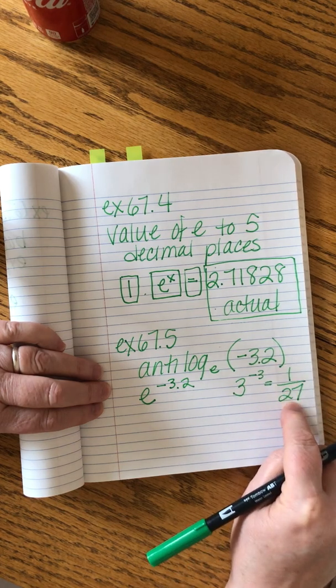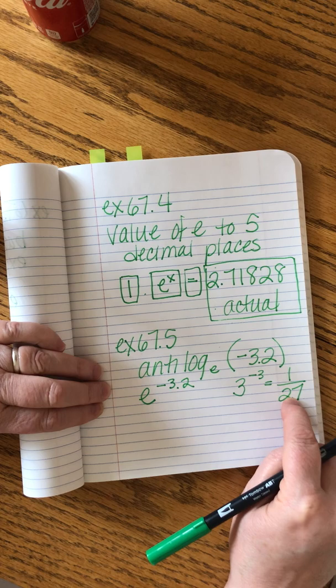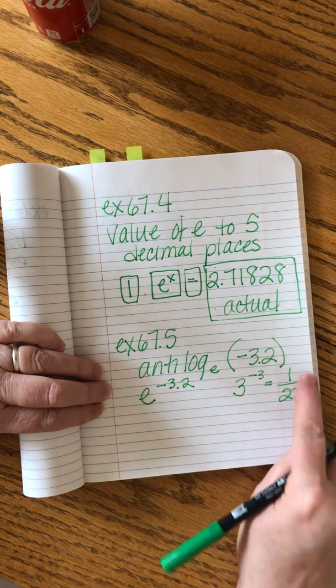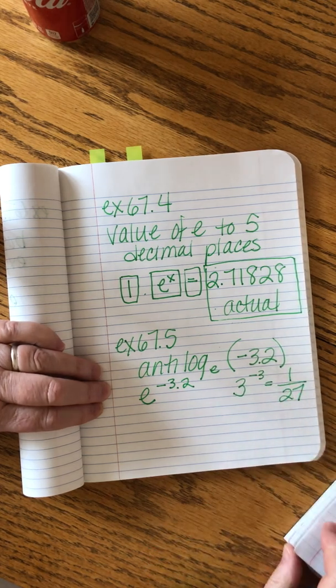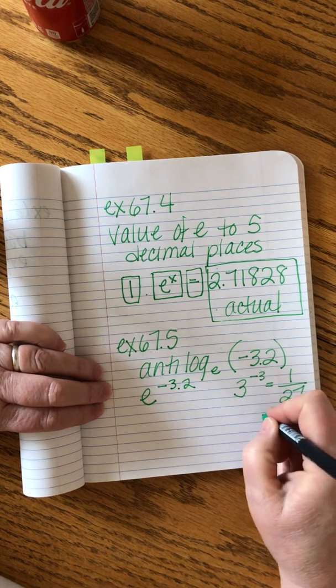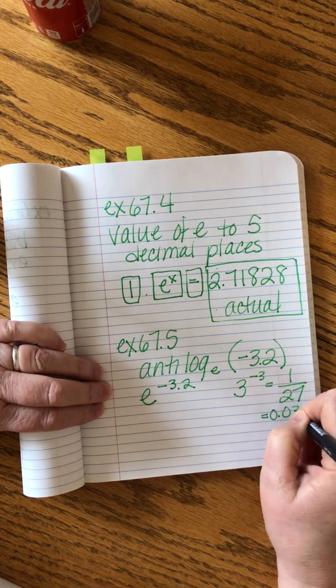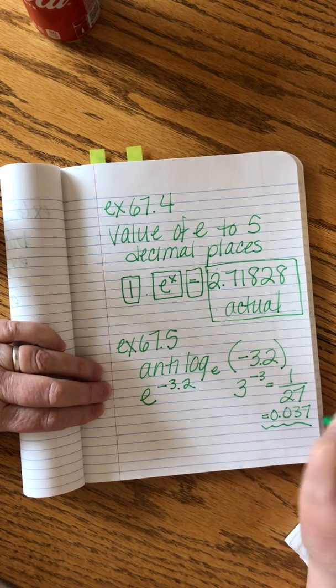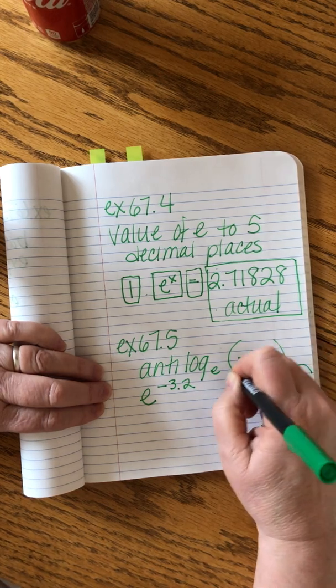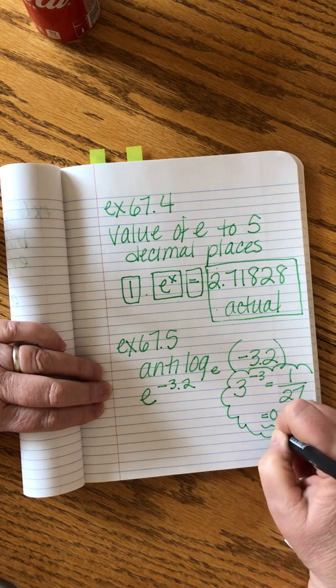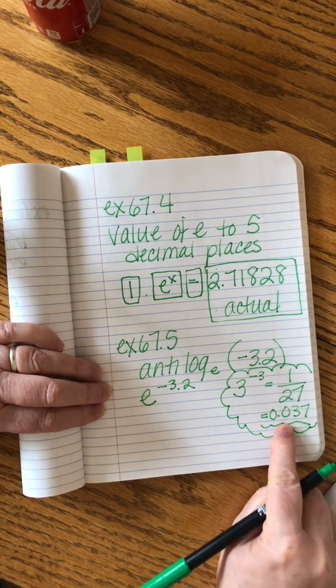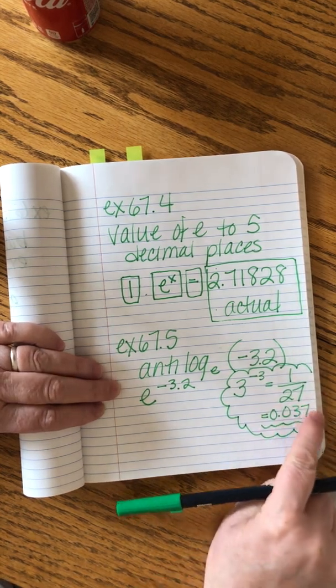And there's 3 cubed in the denominator. And then I grab my calculator, and I'm just going to divide 1 divided by 27, and that equals 0.037. So that's my estimated value. I'm not going to do a range this time. I'm just doing the 1 because it's fairly complicated.